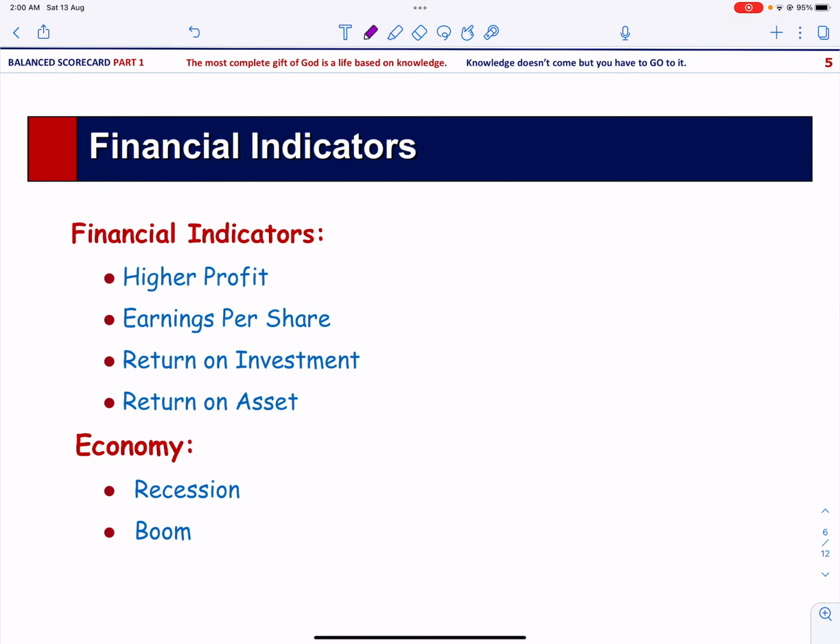Traditionally, the company's performance is measured through financial indicators like higher profit, earning per share, return on equity, etc. In traditional measurement of company's performance, the focus is on profit, rather, maximizing profit.